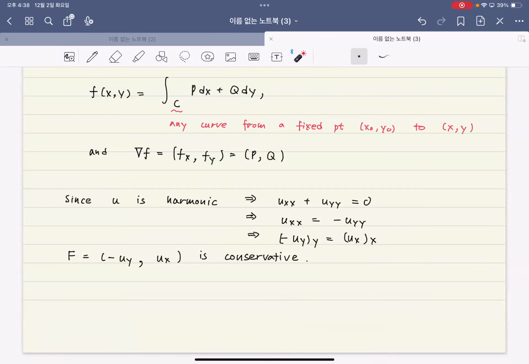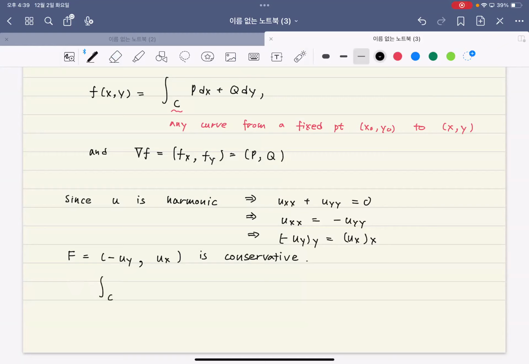So from here to there, we are actually taking advantage of the domain being simply connected. Since this vector field is conservative, now I want to find its potential function.